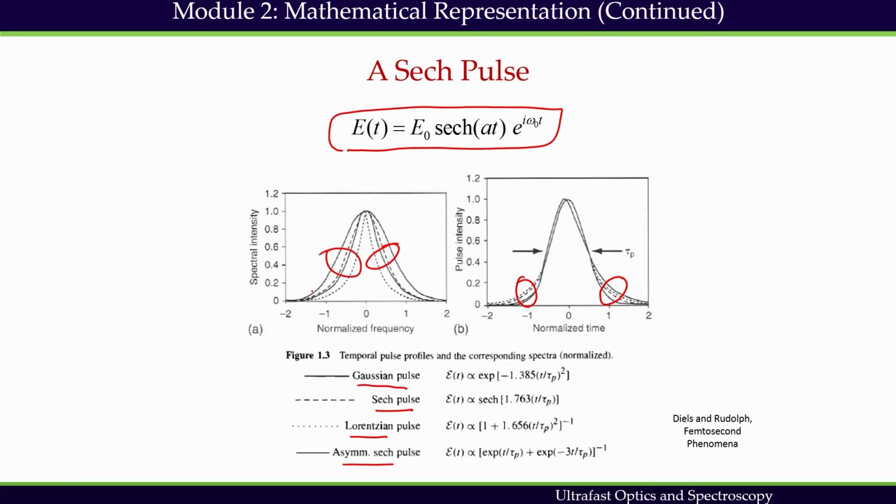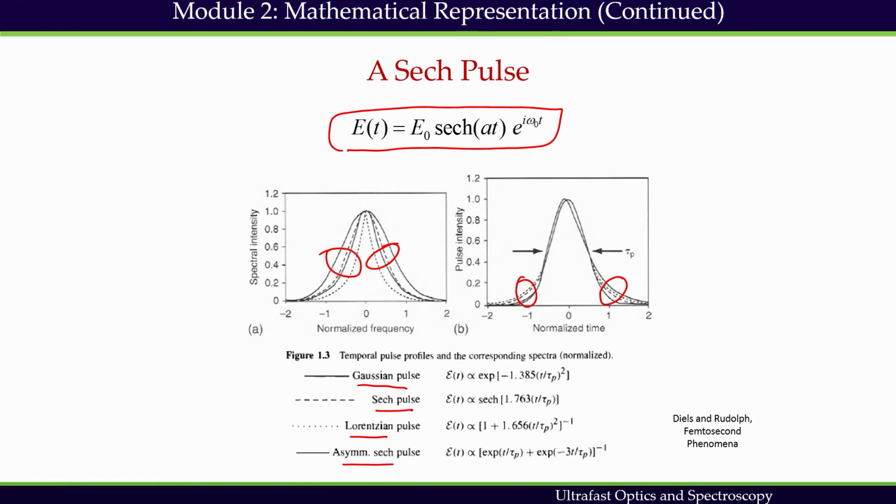So depending on the experimentally measured spectrum and intensity profile, one can assume a certain field envelope profile to represent the ultrafast pulse.